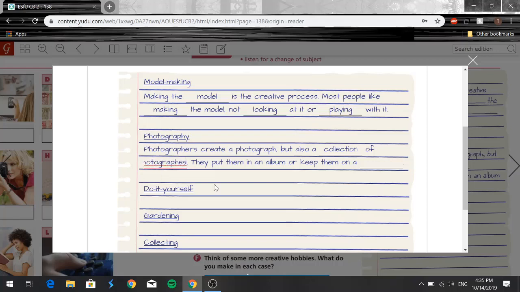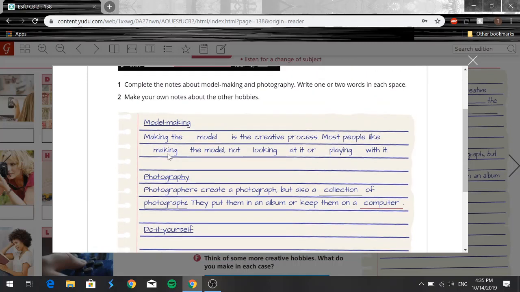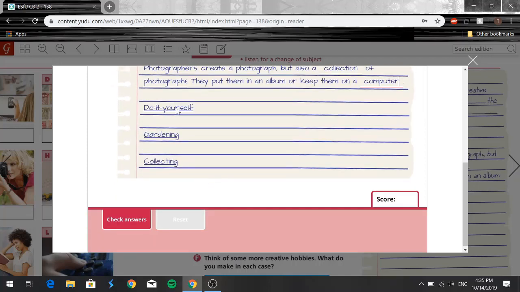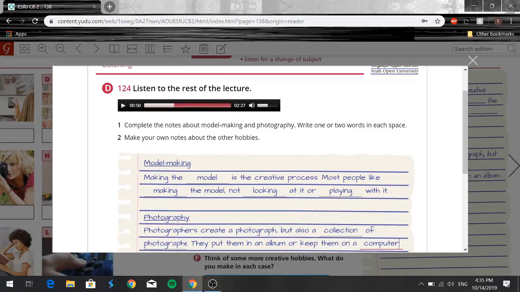Okay, they put them in an album or keep them on, we'll say, a computer. Yeah, that's what he said. So keep them on a computer. Well, what else? So, now we're going to move on to making our own notes, right? So be careful. We're going to make our own notes about the other hobbies. Here we have do-it-yourself, DIY, gardening, and collecting. So be careful and write the notes yourself.